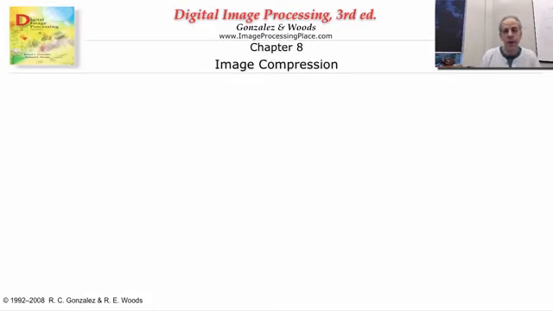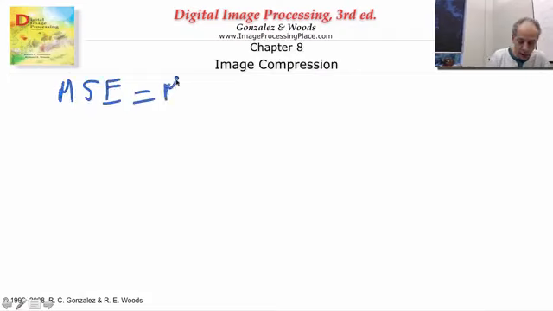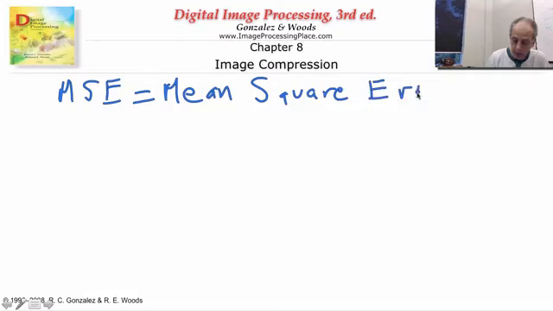Let's just explain first of all, how do we measure the error that we create in images when we are doing compression, if we are doing a lossy compression? The basic idea is that error is measured with what's called the mean square error, MSE. And it's computed as follows.